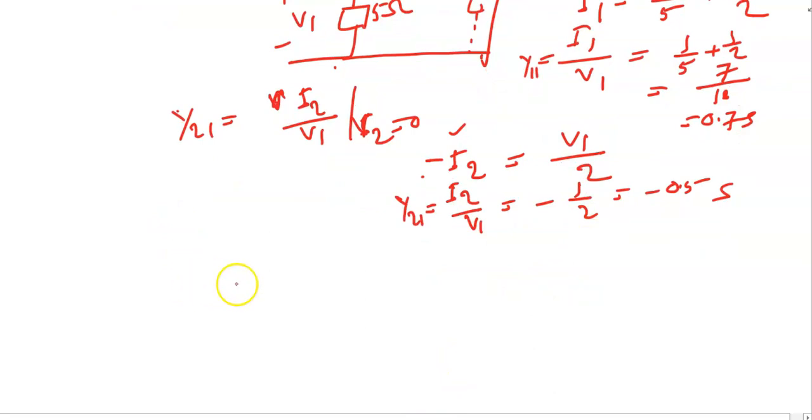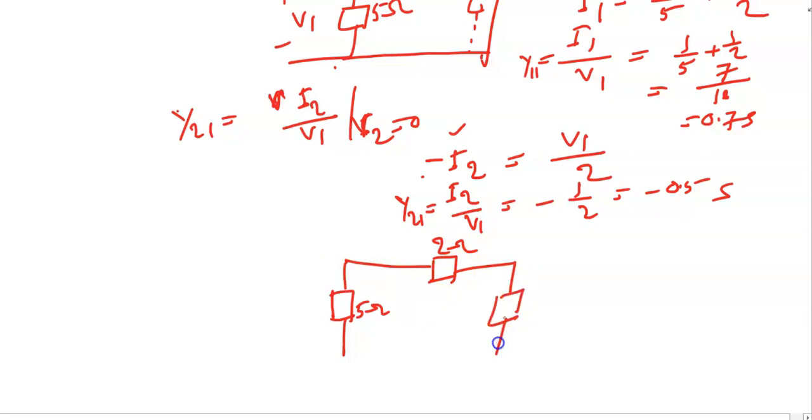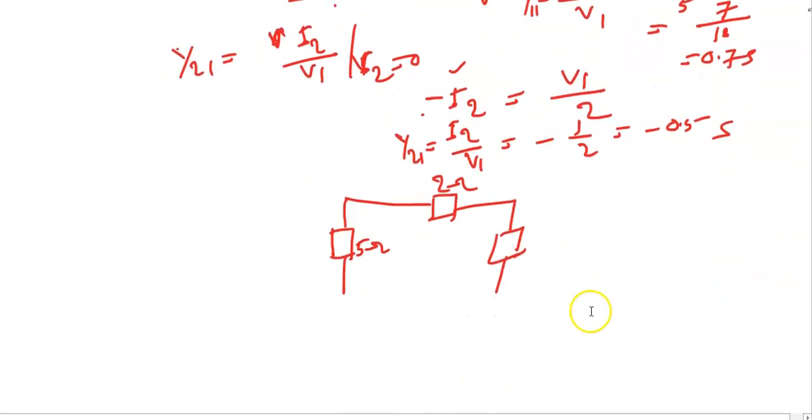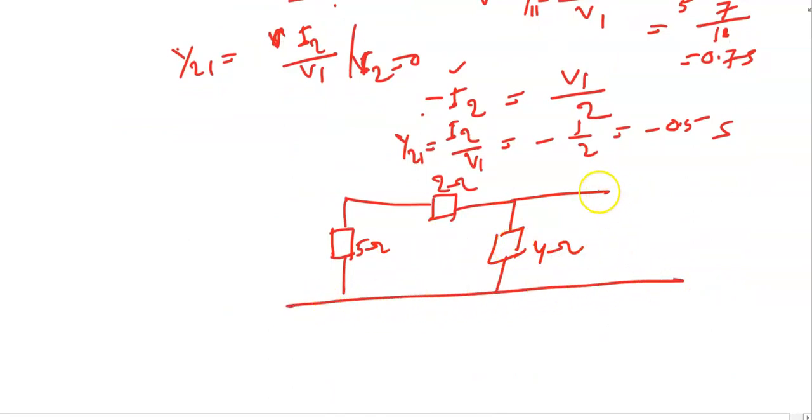Okay, now we'll move to the input side. So as usual, this is your 5 ohm, 2 ohm, and this is your 4 ohm, right? This is V2, this is your I2, and you have shorted the input, or port 1.